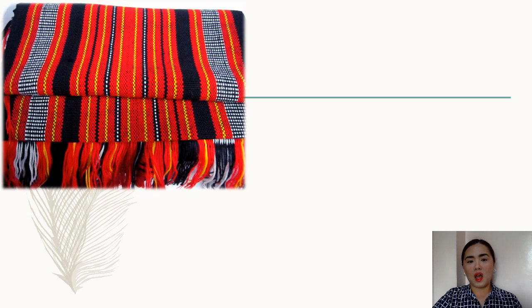For example, from the northern region or the Cordilleran region, we have an example of a textile pattern. Most of the patterns of Cordilleran indigenous groups concentrate on vertical lines. And when it comes to colors, they concentrate on red, black, and yellow.